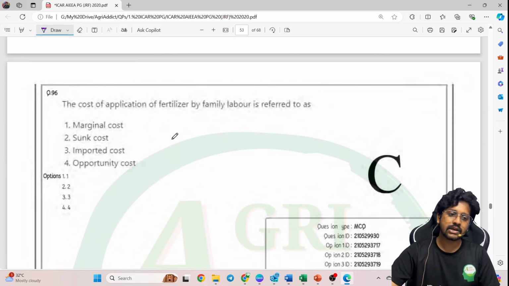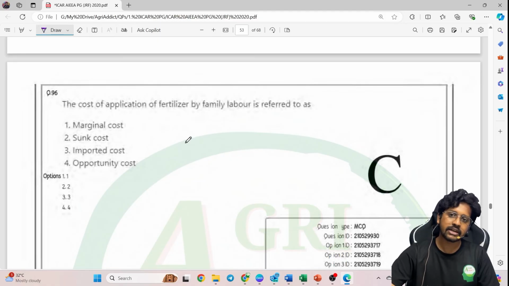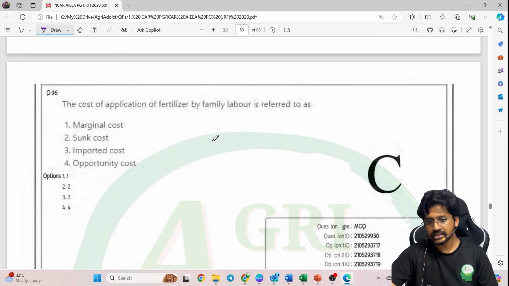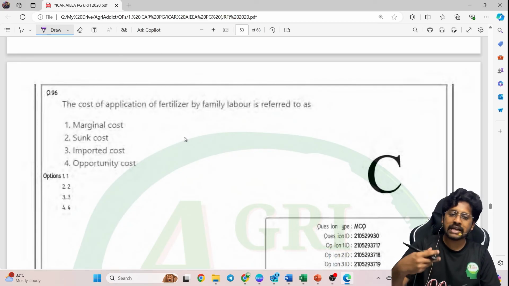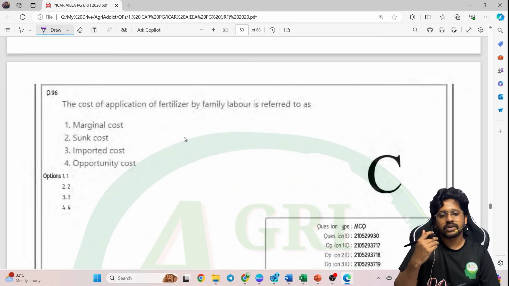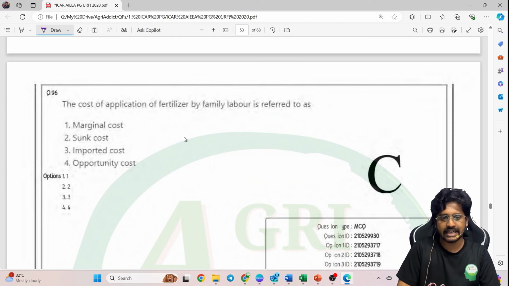Question number 96. The cost of application of the fertilizer by family labor is referred to as. This question is a repeated question over the past ICAR PG papers in the social science stream. The family labor is actually not paid directly, right?